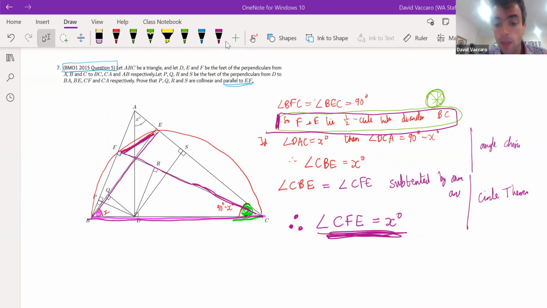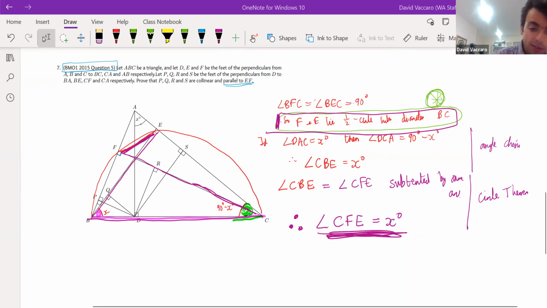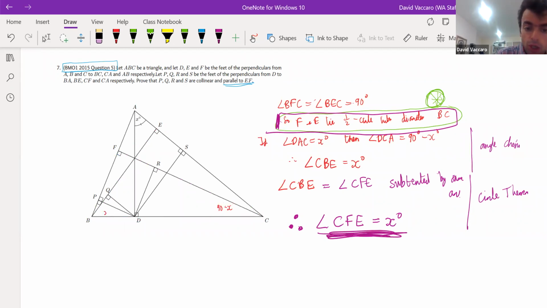Okay, as there's a thumbs up in the chat, I'm going to get rid of everything except for the final conclusion, which was CFE is equal to X degrees. Does anyone have any ideas about what I'm going to do next?